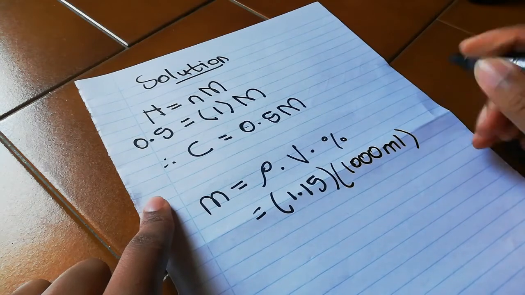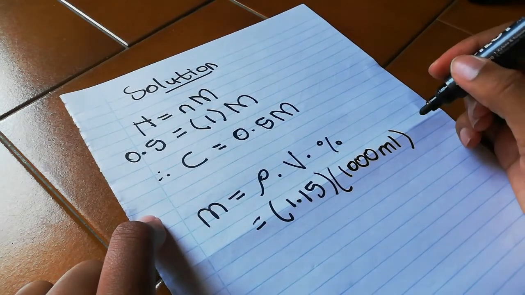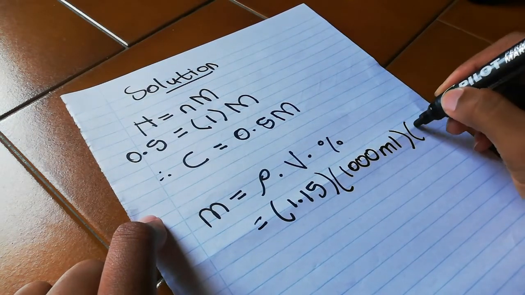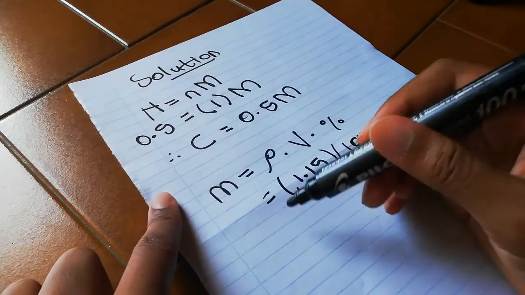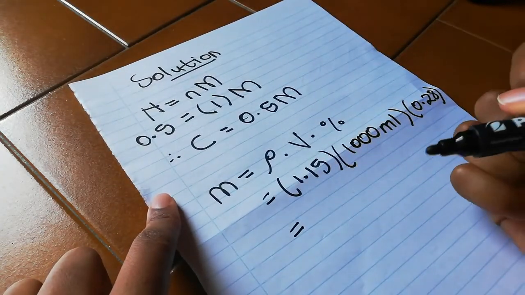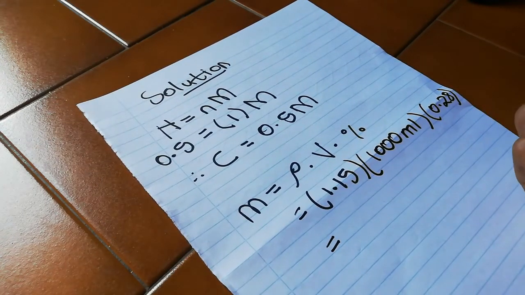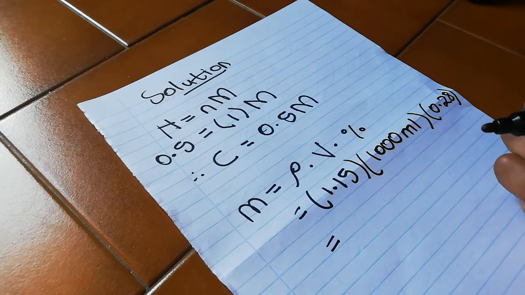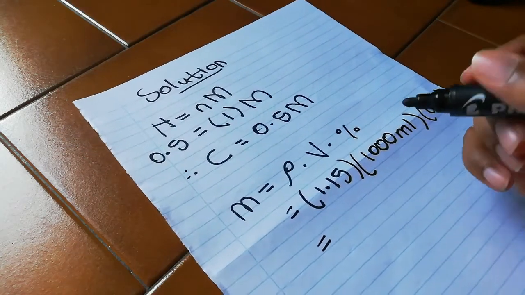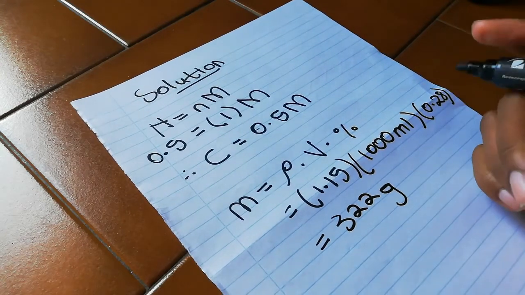Our percentage, the percentage of the concentrated solution, we were given as 28%, which is 0.28. Now, putting that into my calculator, I am getting a mass of 322 grams.